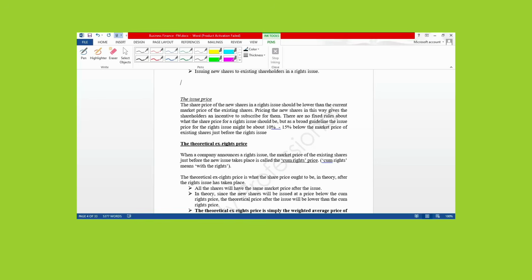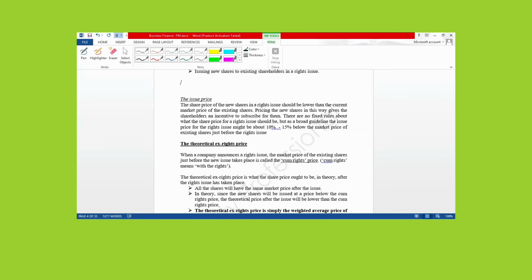A rights issue is a privilege, a right given to existing shareholders to buy additional shares in the company, usually at a discounted price.